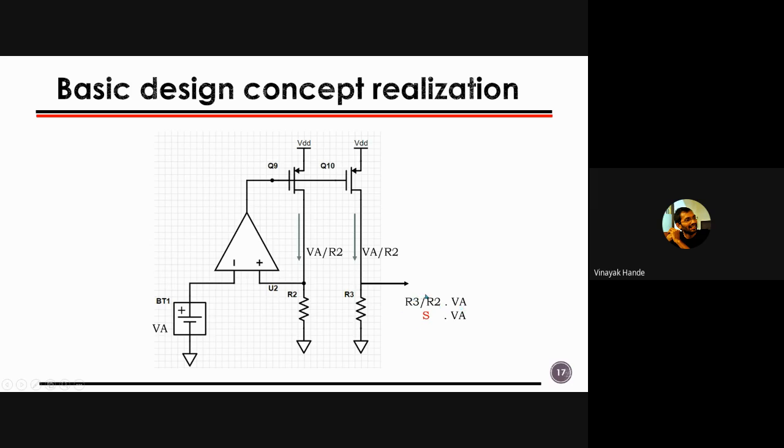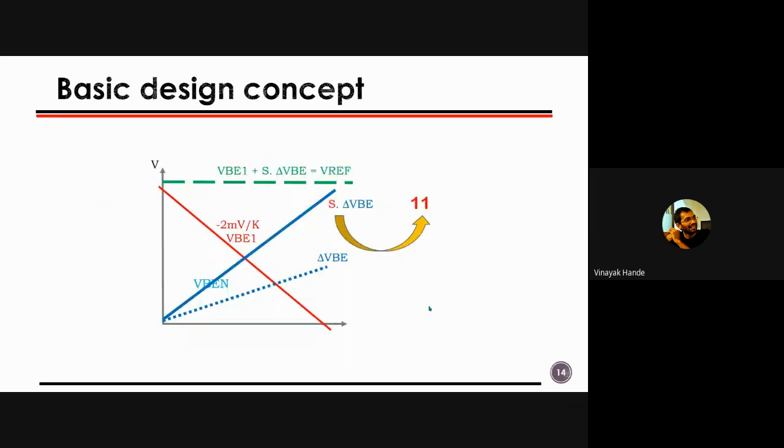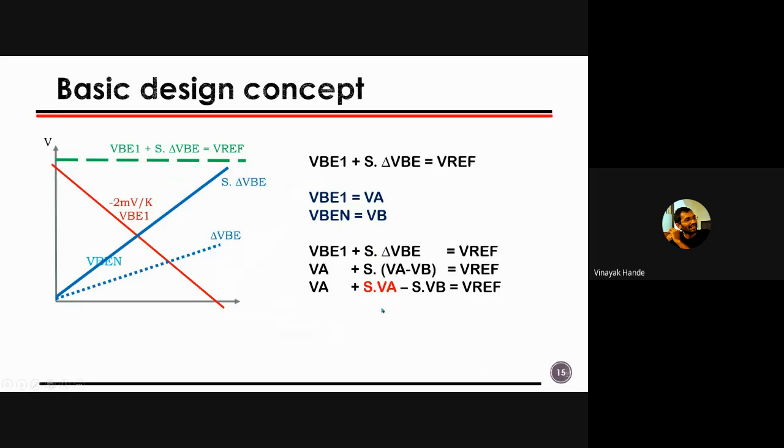We wanted to design a circuit which scales the voltage VA, that is S into VA. If R3 is larger than R2, where R3 by R2 is S, then our equation is satisfied, right? That means we have done amplification. But if you look at the equation, we don't want S into VA, we want S into VA minus VB.